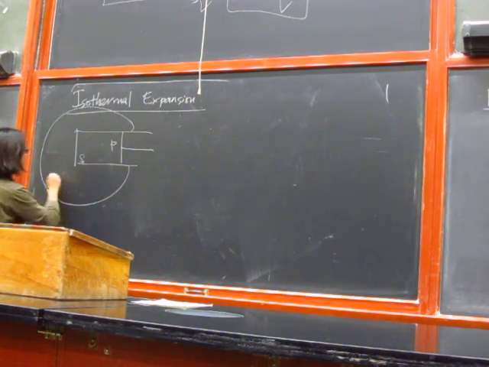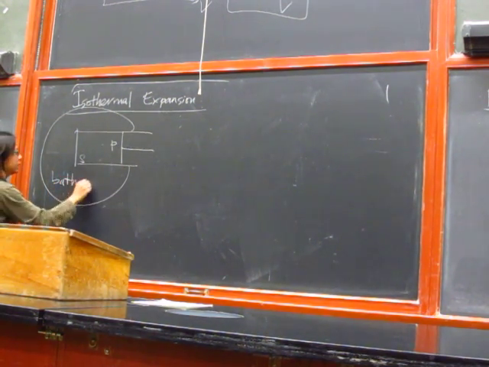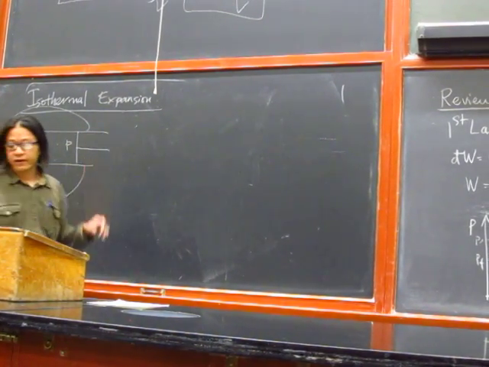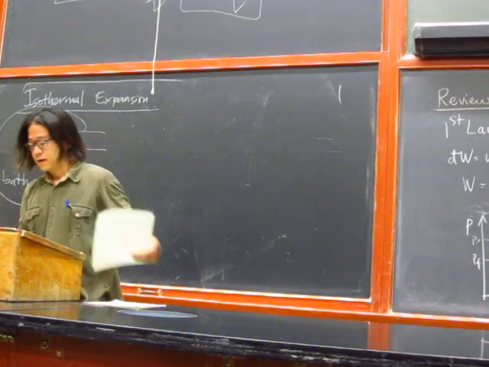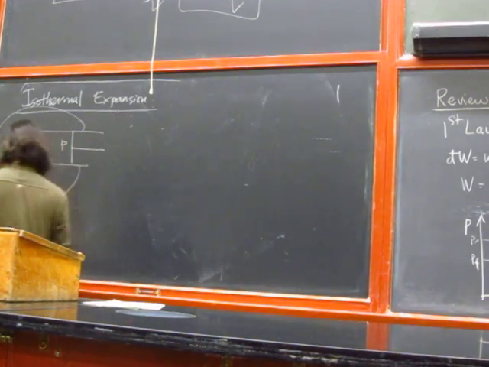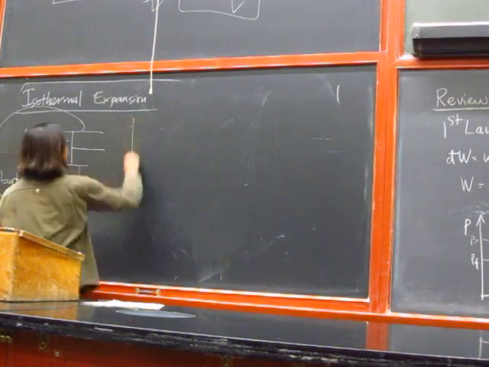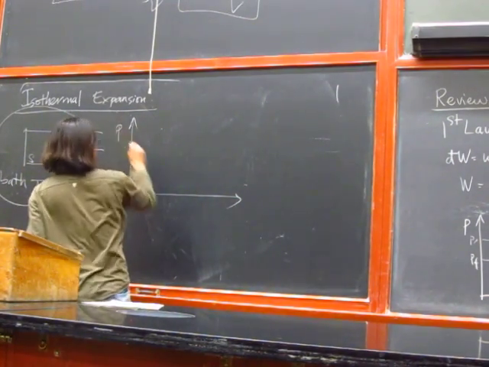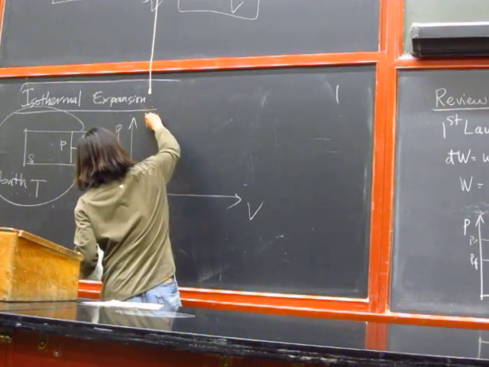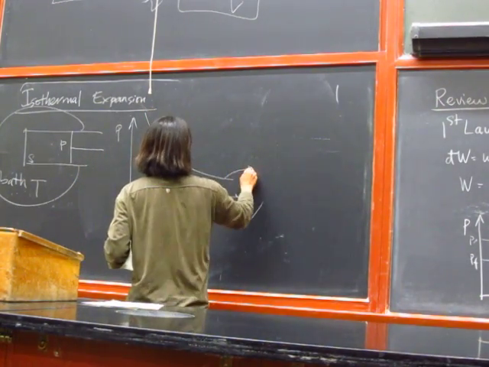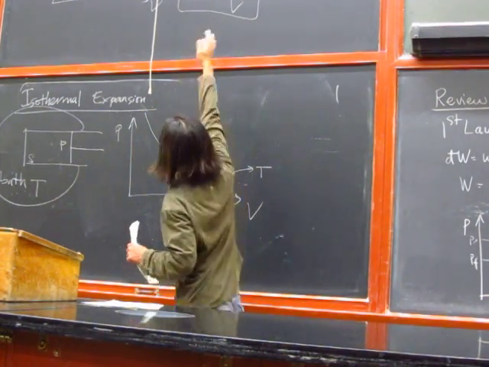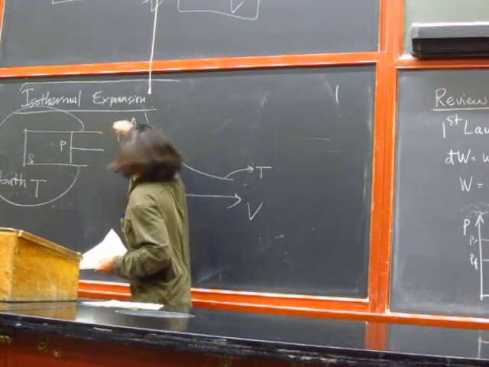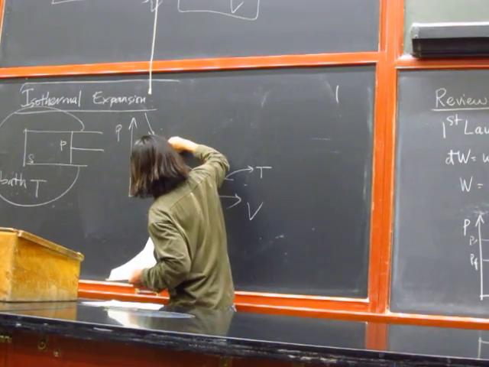And the whole thing is inside a bath of temperature T, and you let the whole thing expand, right? And when you do that, if I draw it on a PV curve, right? So this is the isotherm of the temperature T. This is just an isotherm, but it just so happens that for isothermal expansion, the process is happening along the isotherm.